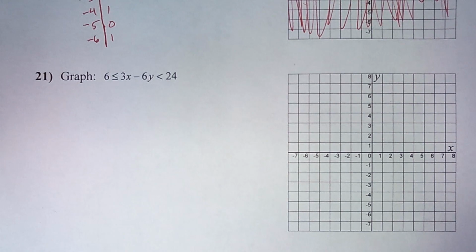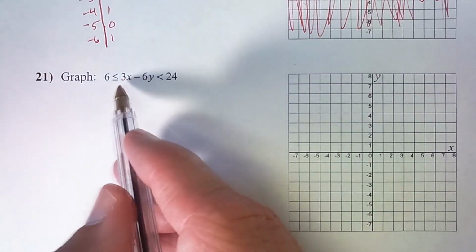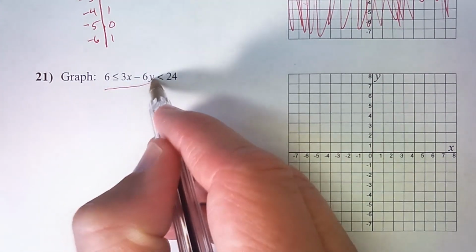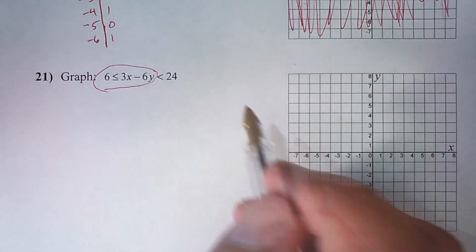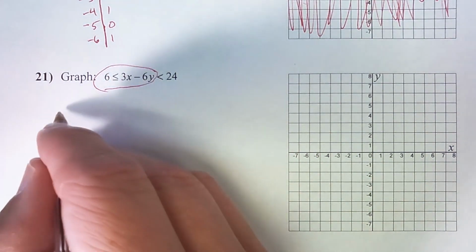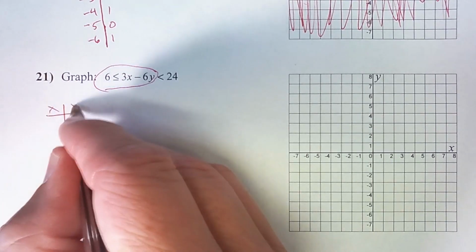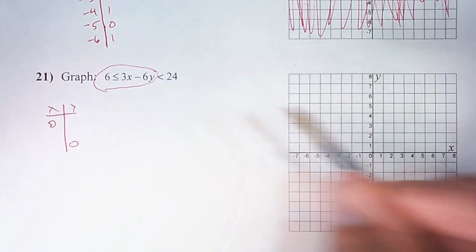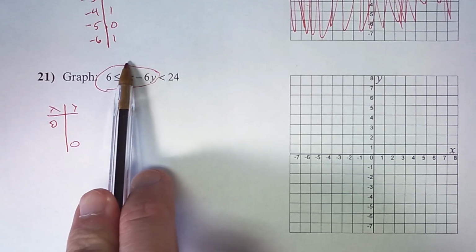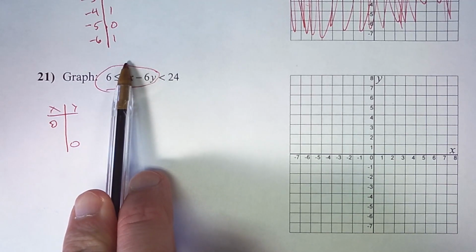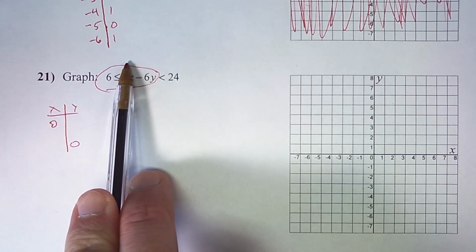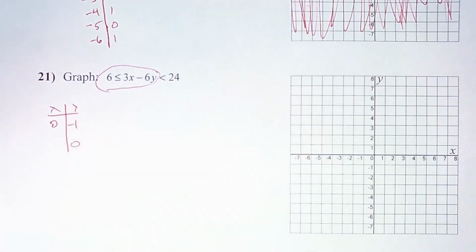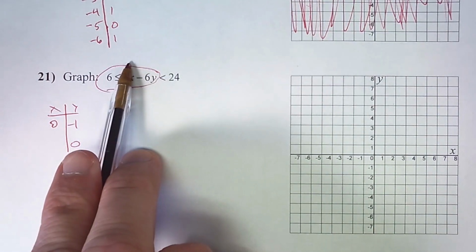And then our last graph, we've got a compound inequality. So I've got an inequality here to graph. Okay, so let's just make a t-chart for this. So if I put in a 0 for x, I get 6 is -6y. I divide by -6 and get -1. So when x is 0, y is -1.